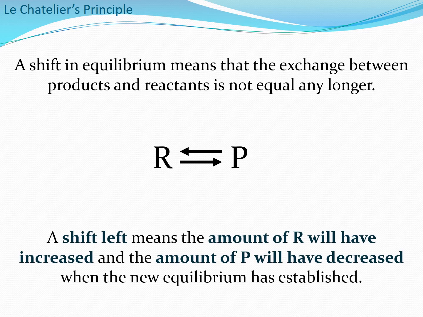A shift to the left means the amount of reactants will have increased and the amount of products will have decreased when the new equilibrium has been established. Given time, the system will reach a new equilibrium and there will be more reactants than there were prior to the shift, and there will be fewer products than there were prior to the shift.